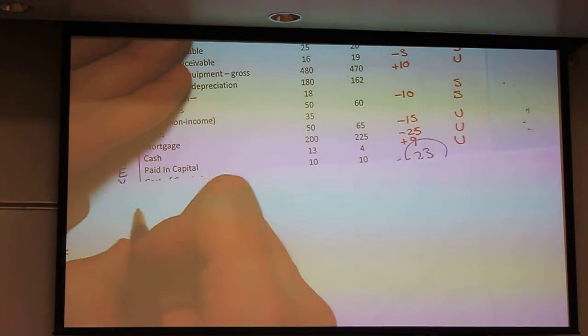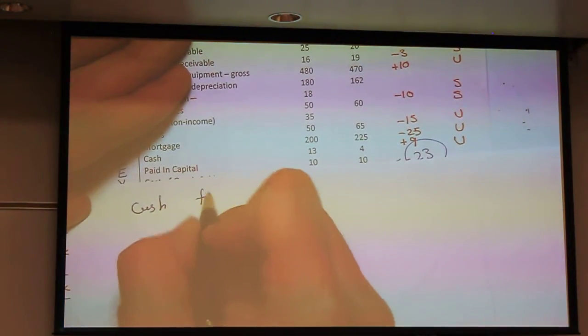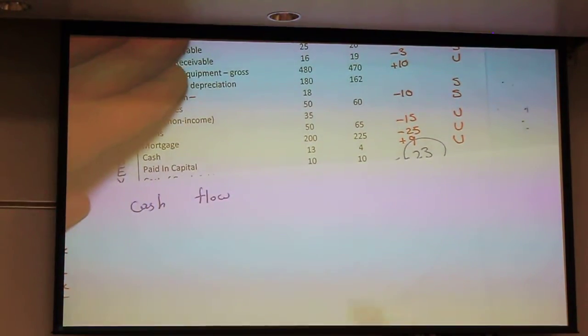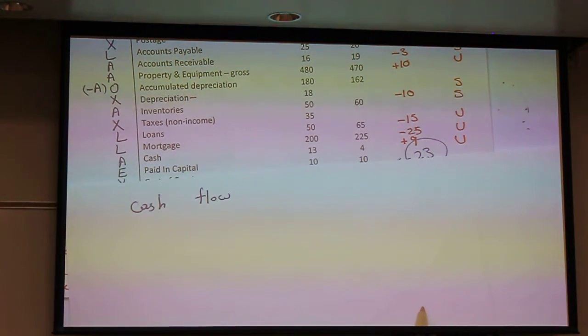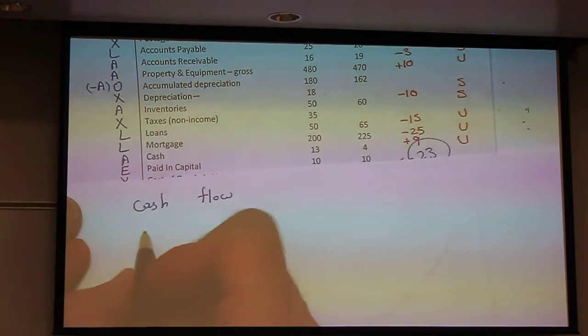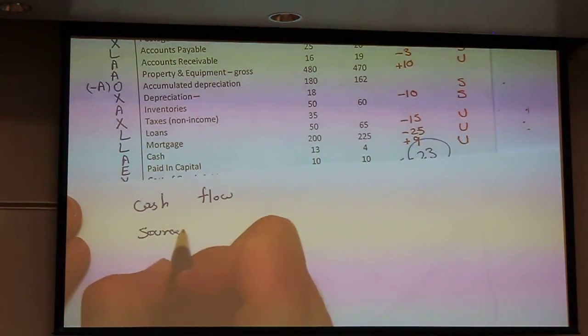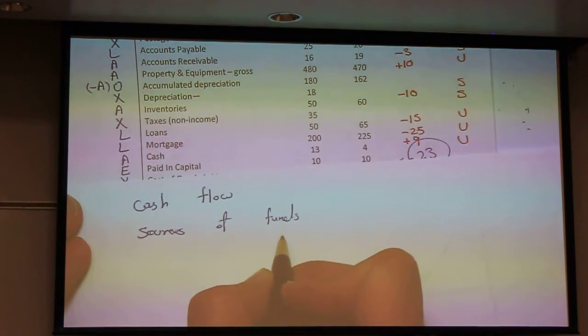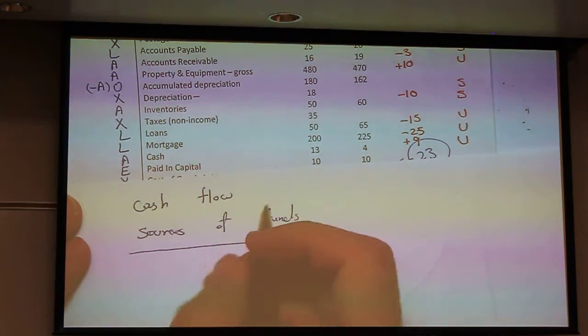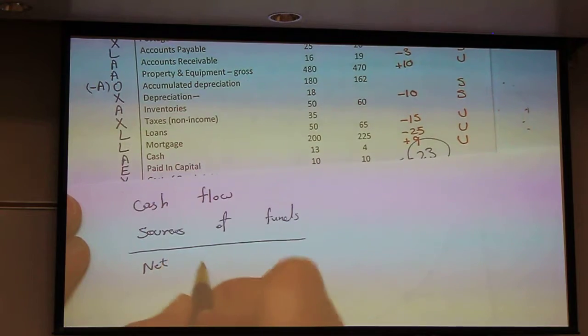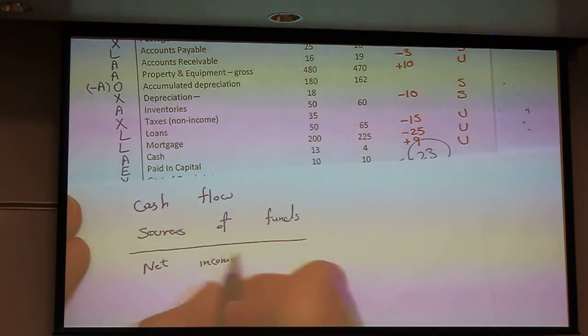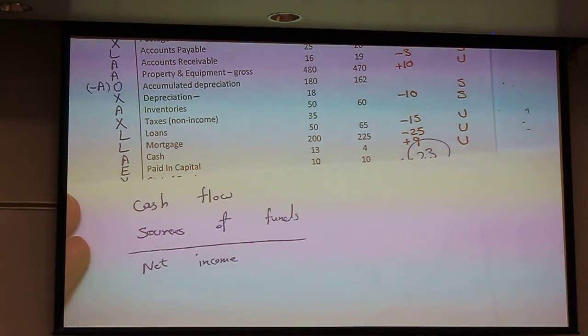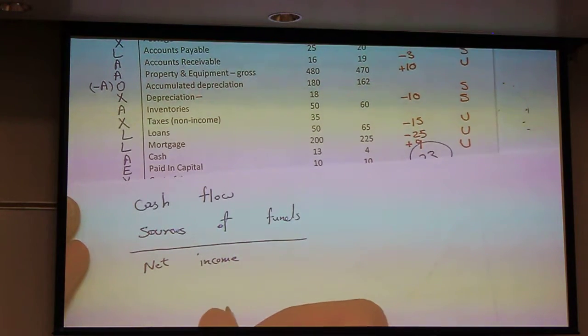Statement of cash flow. I would do sources of funds and then uses of funds. Sources. Net income is the first source of fund, which is going to come from your income statement.